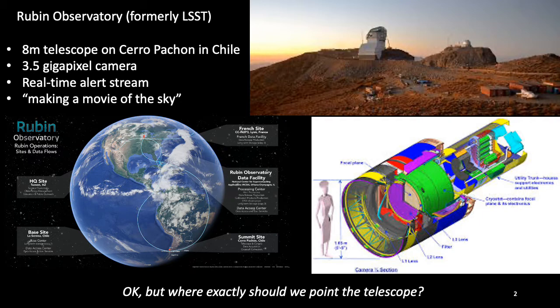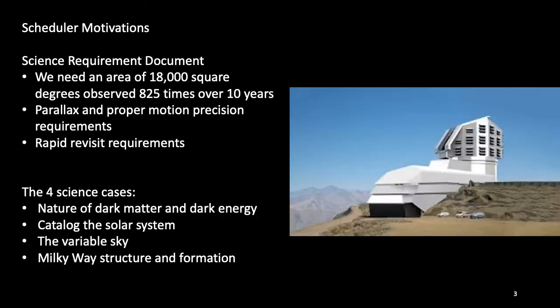But that raises the question, where exactly should we point the telescope? We've clearly got the hardware to make a movie of the sky, but we want to make the best movie possible. So, our motivations for the scheduler. We have a science requirements document that gives us some pretty hard constraints on what we need to do. So in that document, it says we need to cover an area of 18,000 square degrees and observe every point in that 18,000 square degrees 825 times over 10 years.